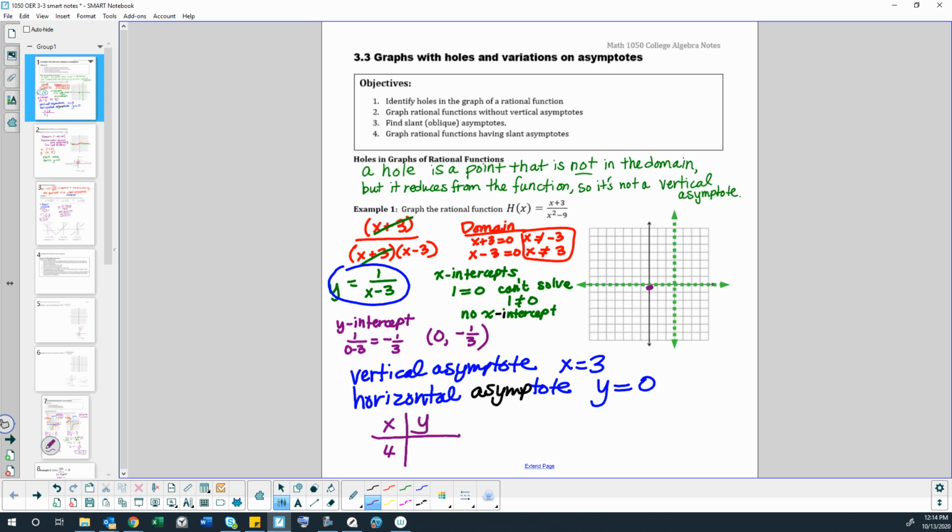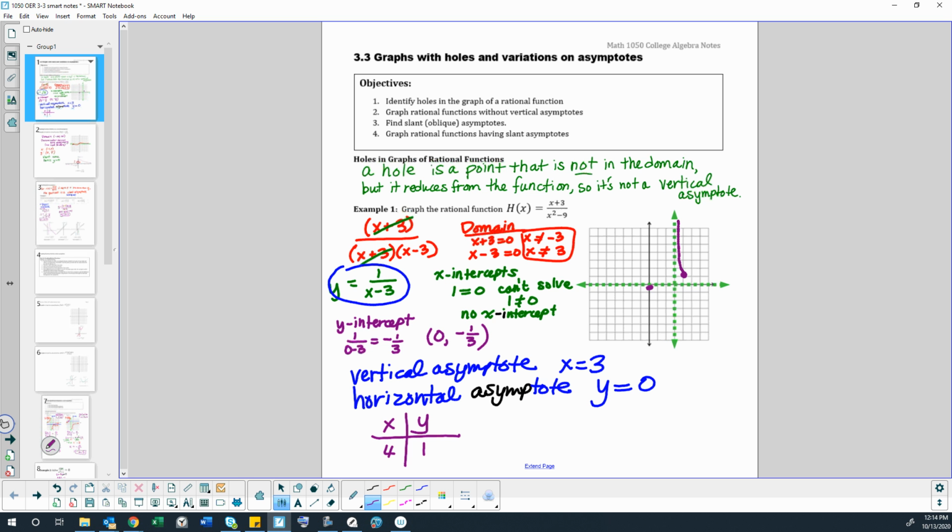Or I can go back to the original, it doesn't matter, it's the same. So 4 plugged in here would be 1 over 4 minus 3. Well, 4 minus 3 is 1. So that would be 1 divided by 1, which is 1. So that gives us a point at 4, 1, which agrees with the fact that we have a reciprocal function that's just moved to the right 3.